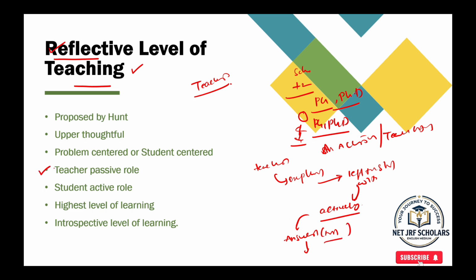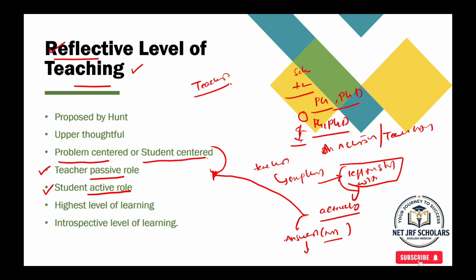and find out the answers by themselves. As you can see, the teacher is relatively playing a passive role and the student an active role. The questions left by the professor make students answer those problems themselves. As a result, it is problem-centered or student-centered.